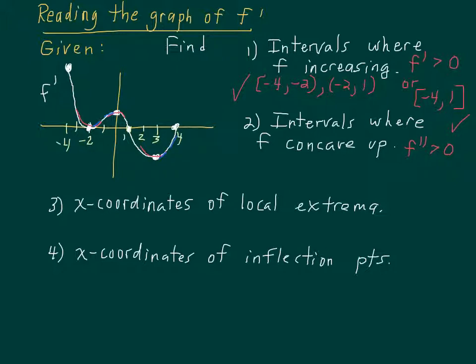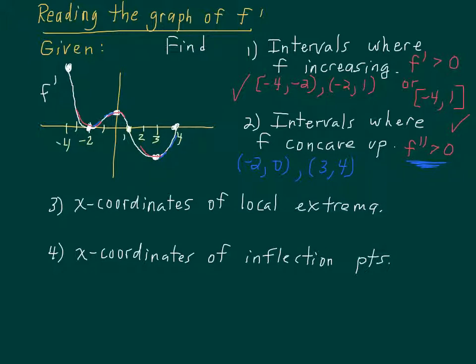You can see that happens between x values from -2 to 0, not including those, because at -2 and 0, you're looking at a low and a high point, so the slope would be 0 there. And then again from 3 to 4, that's where we would have a positive tangent line slope, so that means the second derivative would be greater than 0.